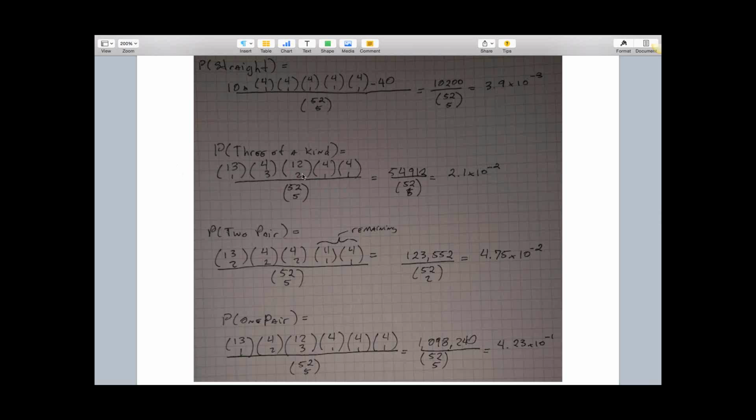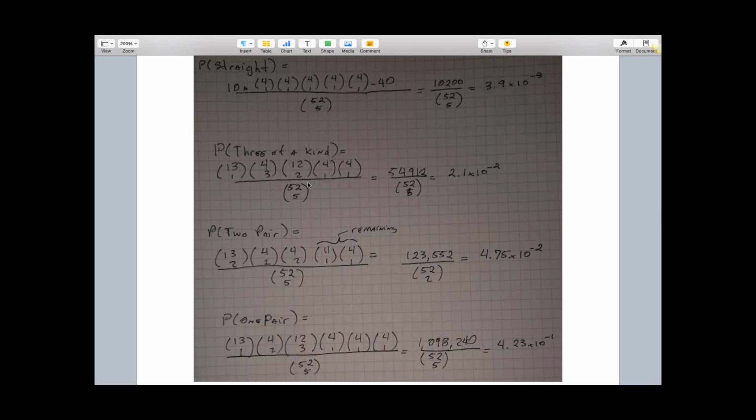Okay, I see your point, but I still didn't understand the 12 choose 2. Okay, so the 12 choose 2 comes from the fact if we've got king, king, king as our first 3 cards, then we can choose 2 more cards with any face value other than king, but they can't match each other either, right? Because if they match each other, we have a full house, not 3 of a kind. So if I choose king, king, king, then I could choose ace, 4, 5, 7, right?